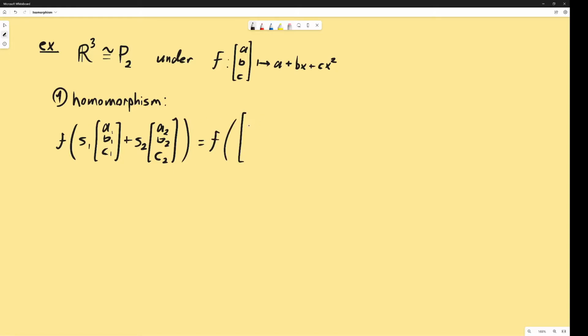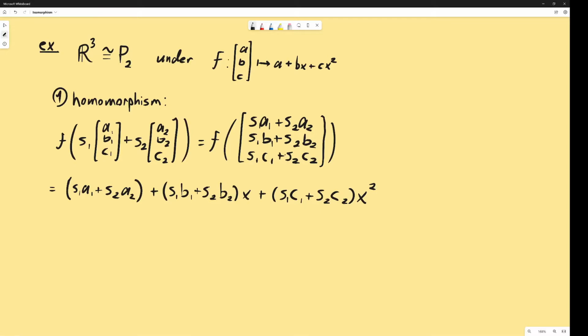This vector on the inside can be simplified to (S1A1 plus S2A2, S1B1 plus S2B2, S1C1 plus S2C2). If I actually apply the map F to this, the first component of this vector becomes the constant term, the second component of this vector multiplies x, it's the linear term, and the third component of this vector multiplies x squared, it's the quadratic term, just like this. Hopefully you can see that this polynomial is really the same thing as S1 times the polynomial A1 plus B1 x plus C1 x squared, plus S2 times the polynomial A2 plus B2 x plus C2 x squared.